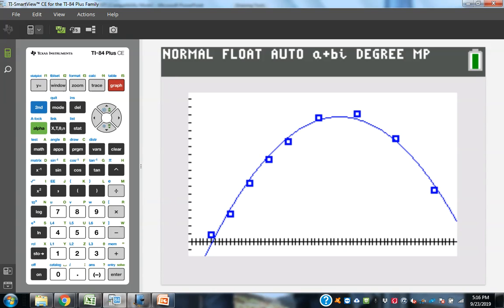But anytime they ask for a maximum or a most or a least or a minimum, they're talking vertex. Then you're doing standard form, negative B over 2A, and building that out of that.